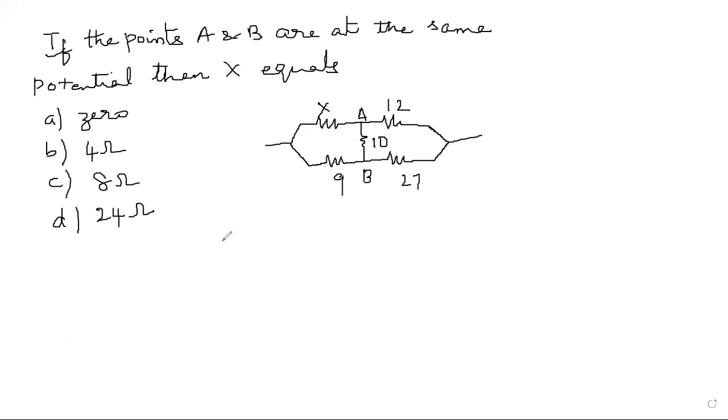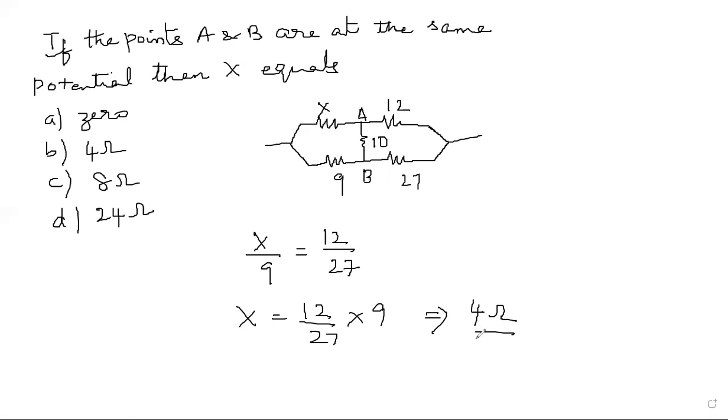So electrically you can say it is balanced. So you can just write x by 9 is equal to 12 by 27. So x is equal to 12 by 27 into 9. So if you solve that, you will get 4 ohms. So option B.